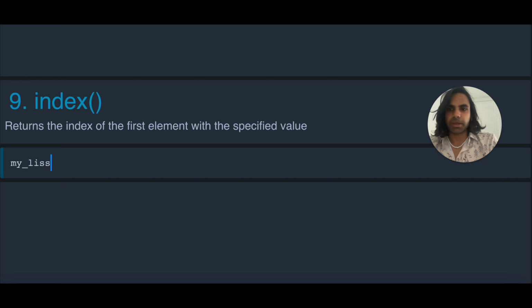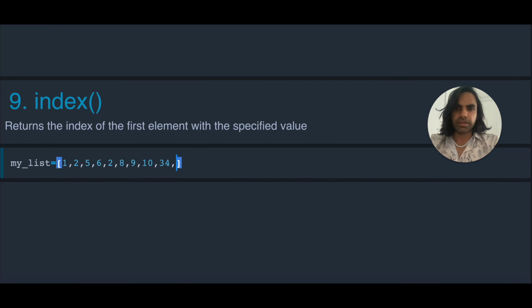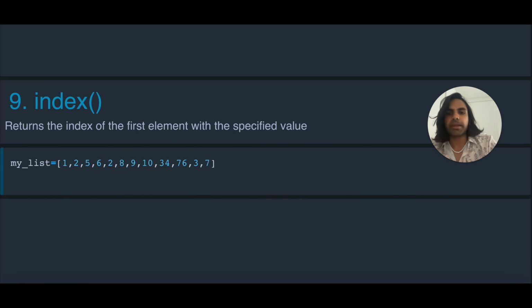Over here, I'm going to say my list, and I'm going to take around 10 elements in that. I'm just going to take random elements 3, 8, 9, 10, 34, 67. Okay. Now, if I want to find the index of the element 76, at what index position it is present, how can I do that? I can do that using the method index.